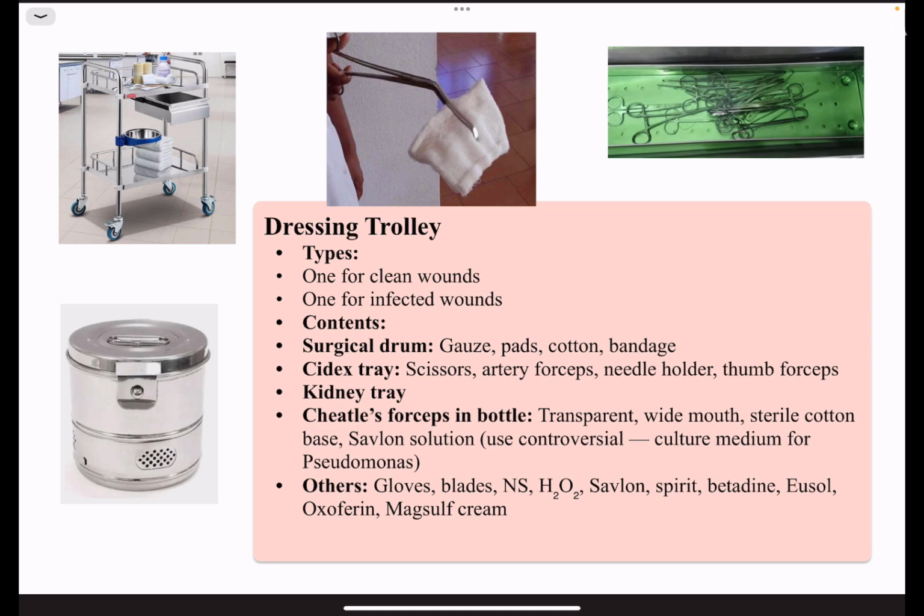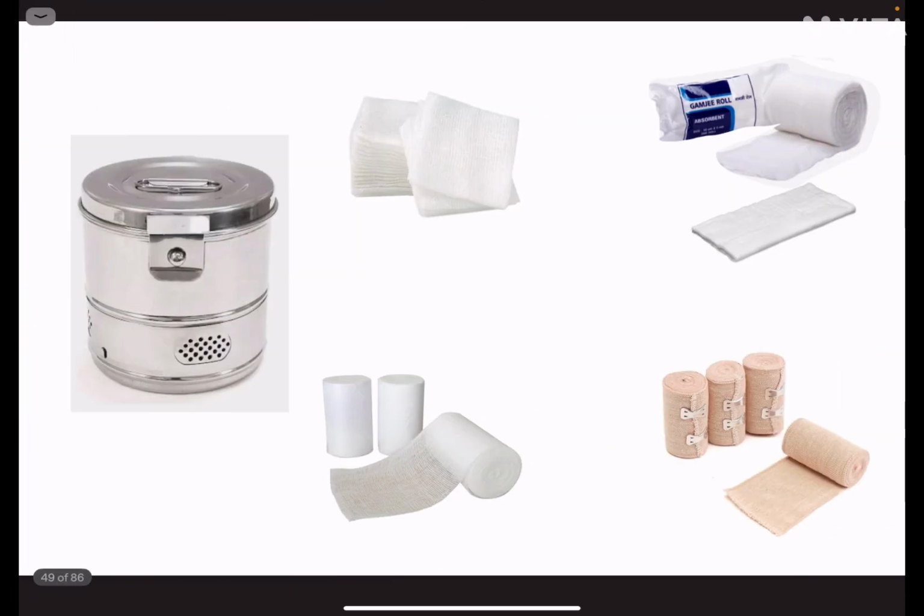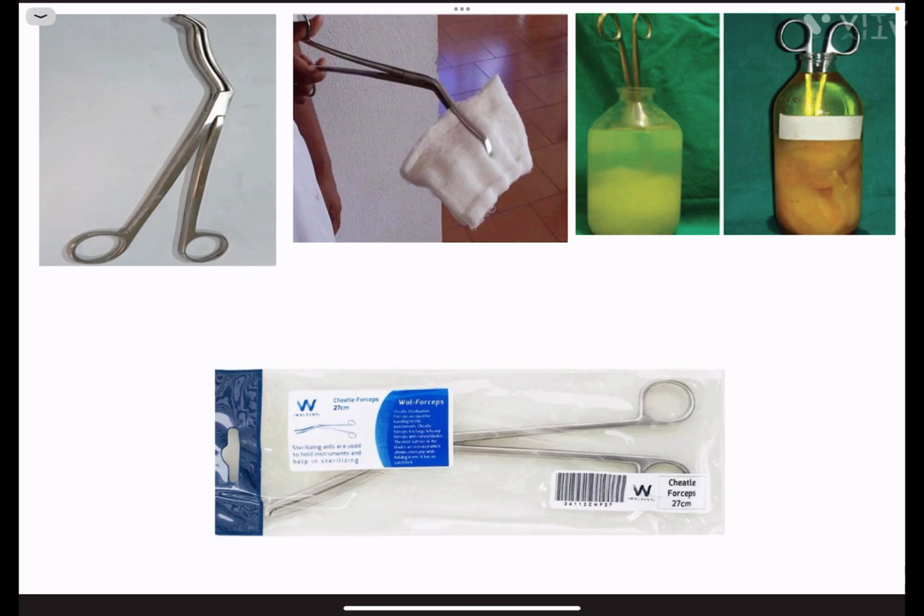So the ideal answer for Cheetle's forceps is one should keep the Cheetle's forceps in a sealed packet after sterilization and should be used separately for every dressing. Alright, what is the use of Cheetle's forceps? It is used for picking up the sterile items from either surgical drum or from the Sidex tray.